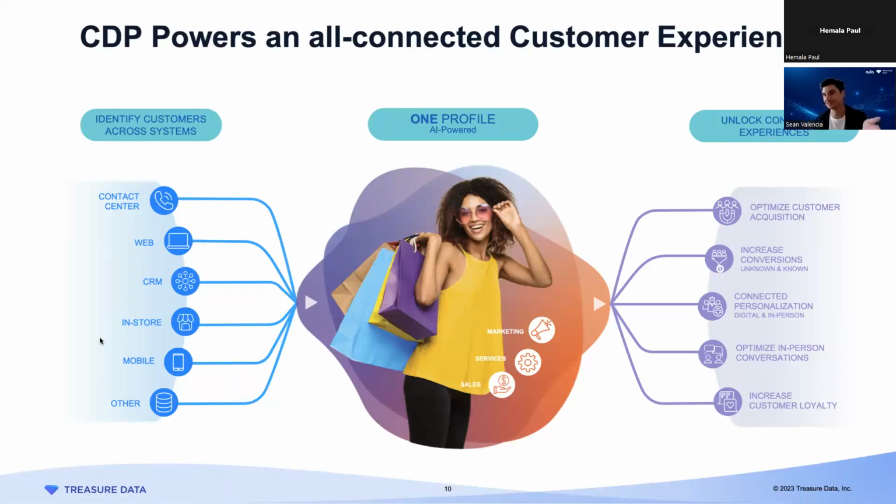On this chart we can see the CRM is still there, but then there's a lot of other sources. It could be a contact center, it could be web behavioral data, all kinds of different systems that are connecting to it. And now the data warehouse is kind of like the build-your-own solution. So yes, you can connect everything in a data warehouse, but it's going to require a lot of time, a lot of work, and a large amount of technical resources.